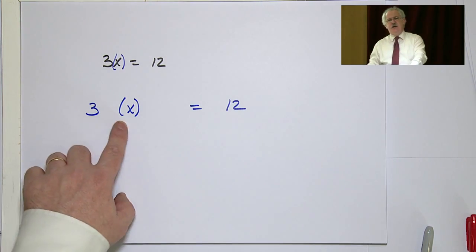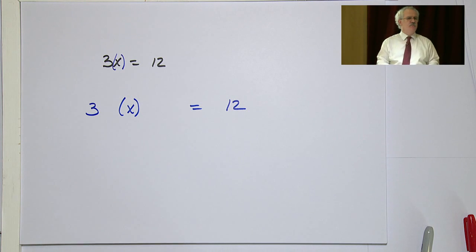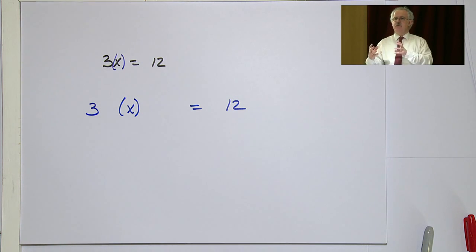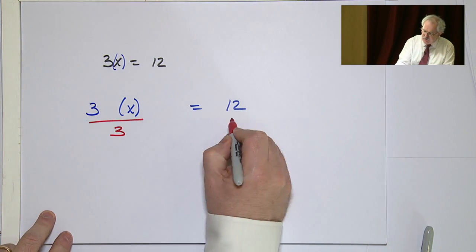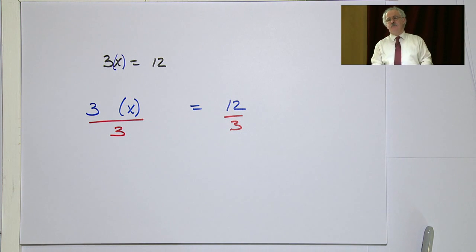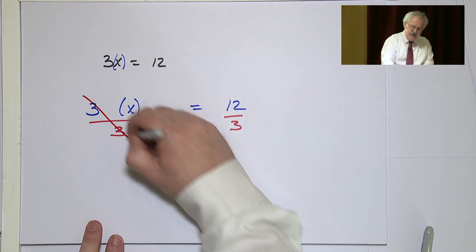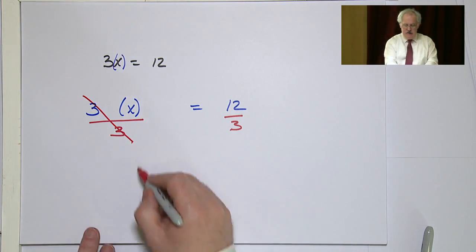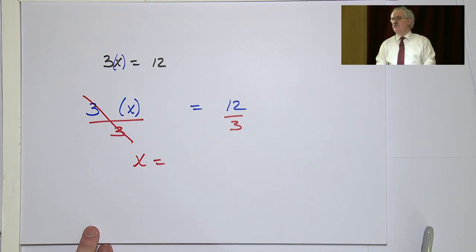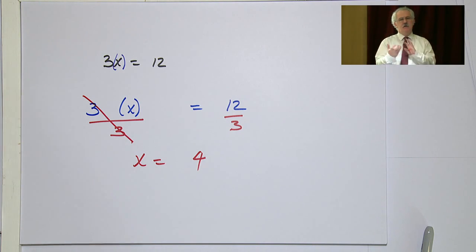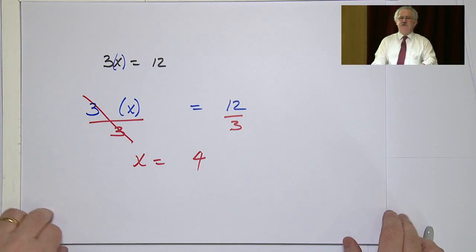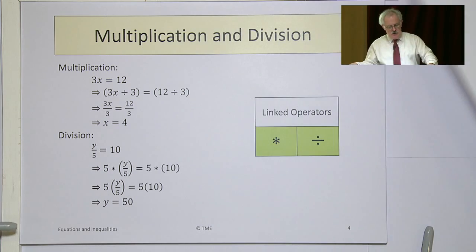And what does that 3 outside a bracket mean? It's multiplication, isn't it? And what's the opposite of multiplication, or its twin? Division. So if I were to divide this by 3 and this by 3, the two 3s would cancel. And I'd get x is 12 over 3, and 12 over 3 is 4, which is the answer you would have got. But we're just breaking it up into that particular step. Is that okay?